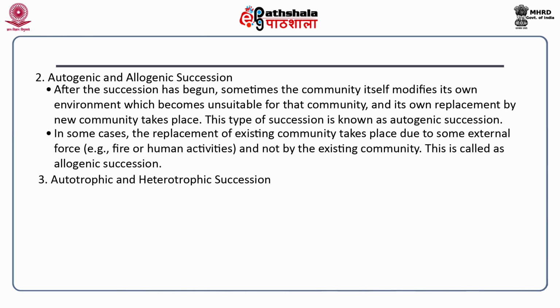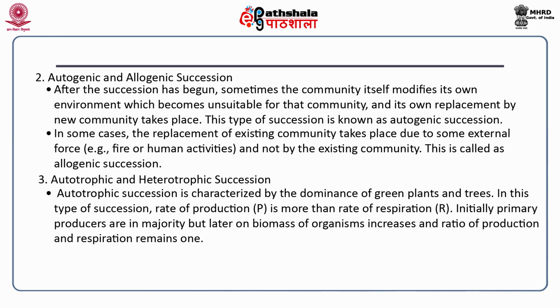Autotrophic and heterotrophic succession. Autotrophic succession is characterized by the dominance of green plants and trees. In autotrophic succession, the rate of production is more than the rate of respiration. Initially, primary producers are in the majority, but later on the biomass of organisms increases and the ratio of production and respiration remains the same.